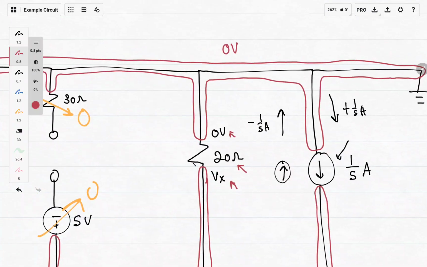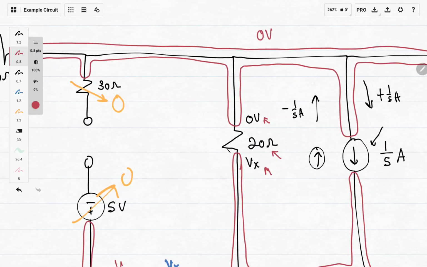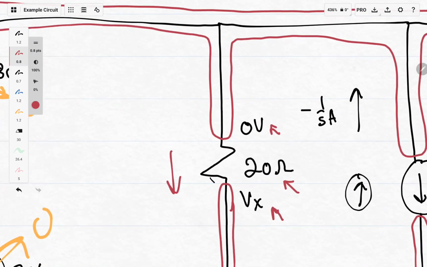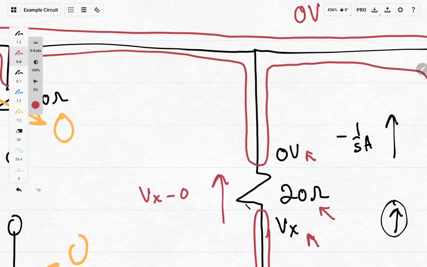The reason we're putting 0 first is to make this current positive, in the sense that it goes away. That's why we start with 0 minus Vx. If we did Vx minus 0, we'd be establishing that the current is going this way, and so this whole thing would have to be described as negative.